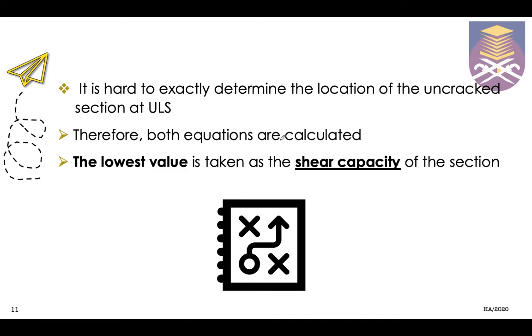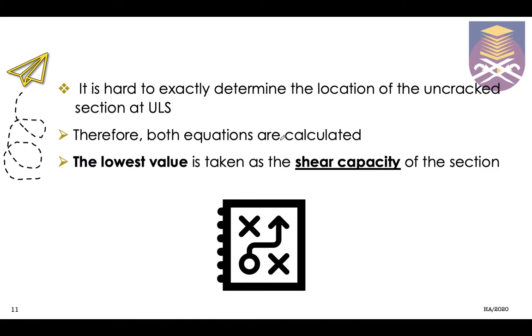We compare those values and select the lowest value. The lowest value of VRD,c will be taken as the shear capacity of the section. That will be used in order to proceed with the design of shear reinforcement.